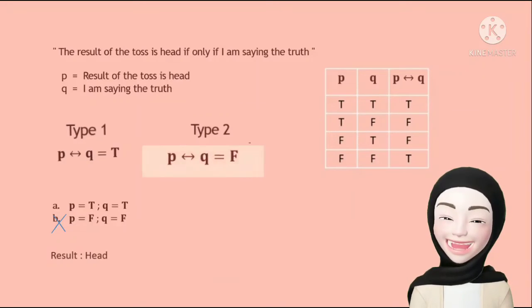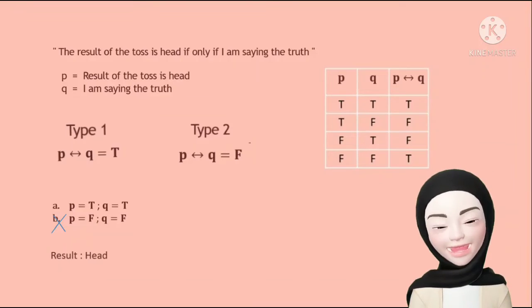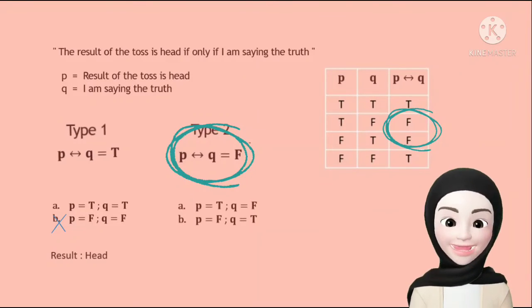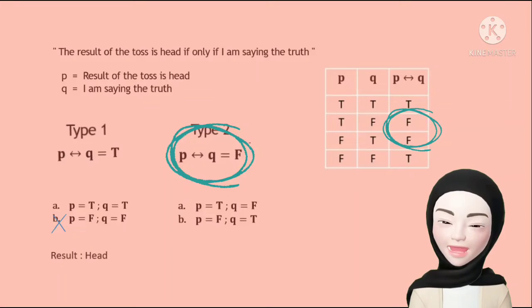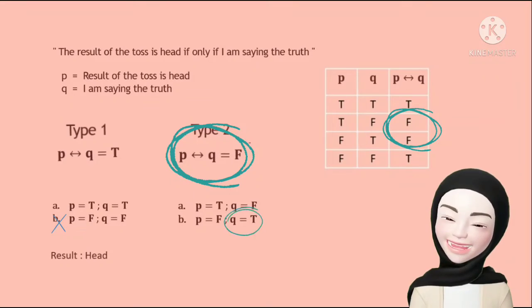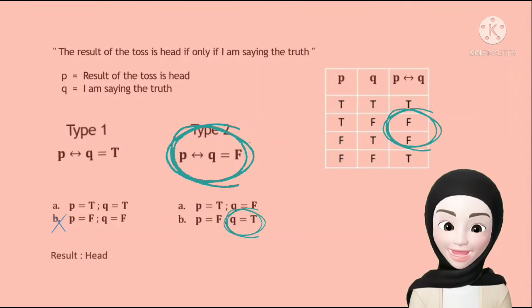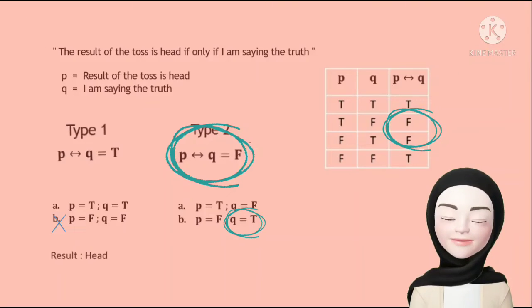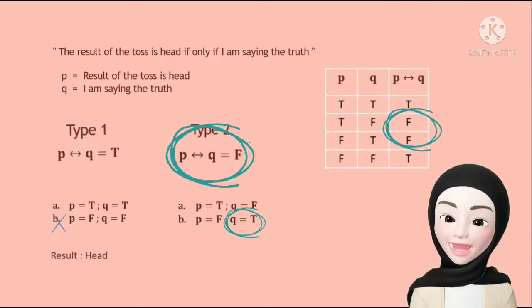Therefore, P biconditional Q has to be false. This statement can be false if P is true and Q is false, or P is false and Q is true. Now, think about it. Q cannot be true when we are considering type 2 people, because type 2 people always lie. So this combination is incorrect.